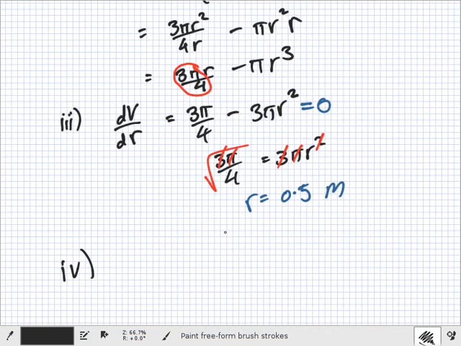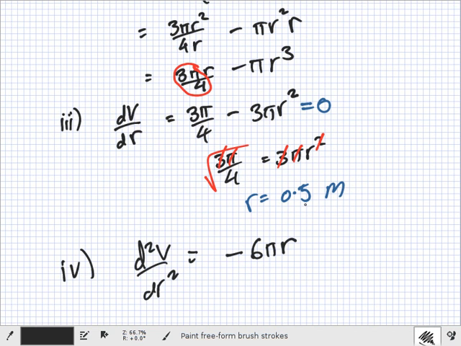Differentiate again. Okay, so the second derivative here. What's the derivative of 3 pi over 4? 0. Why 0? Constant. And the derivative of minus 3 pi r squared? Minus 6 pi r, yeah.